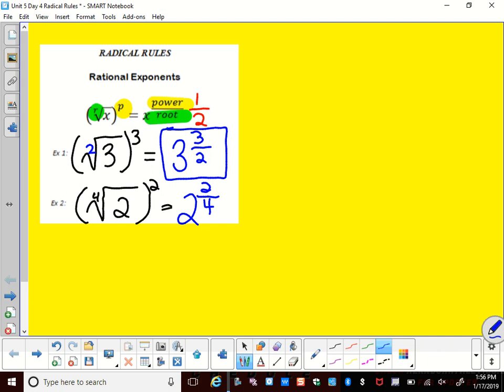Whenever we have all numbers, I didn't mean to do that. Are you guys writing in pencil? Yeah. All right. Erase this 2 and put X. So it should be X to the power of 2/4, which 2/4 can basically reduce to what? 1/2.